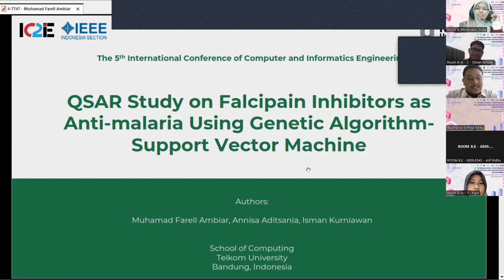Thank you for the question. If you ask whether the QSAR model can be used for developing other drugs, yes, of course. QSAR is commonly used for drug discovery in many other diseases, like COVID.